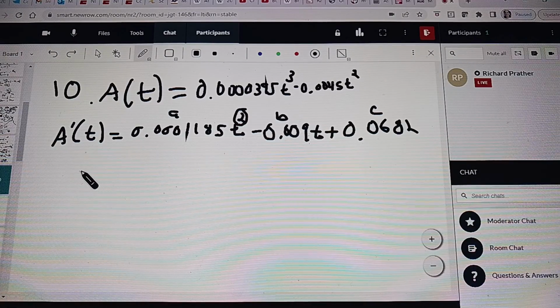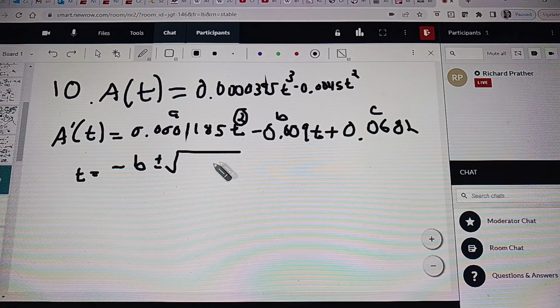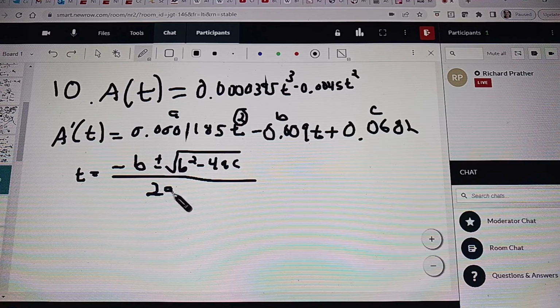Okay, so remember the quadratic formula? t equals the opposite of B. We have to do this a lot in calculus. Opposite of B plus and minus the square root of B squared minus 4AC, all over 2A. So the opposite of negative 0.09 is positive 0.09.